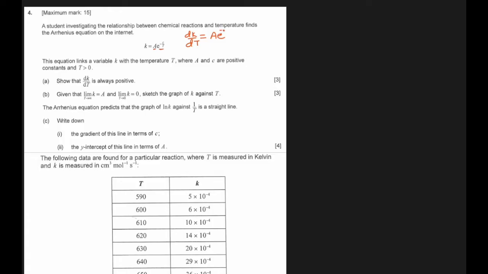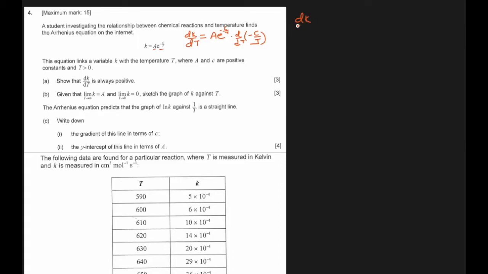So e to the power minus c over t, multiplied by the differentiation of the exponent of that exponential function, c over t. Differentiate this one and multiply with this. Okay, so let's do it here.